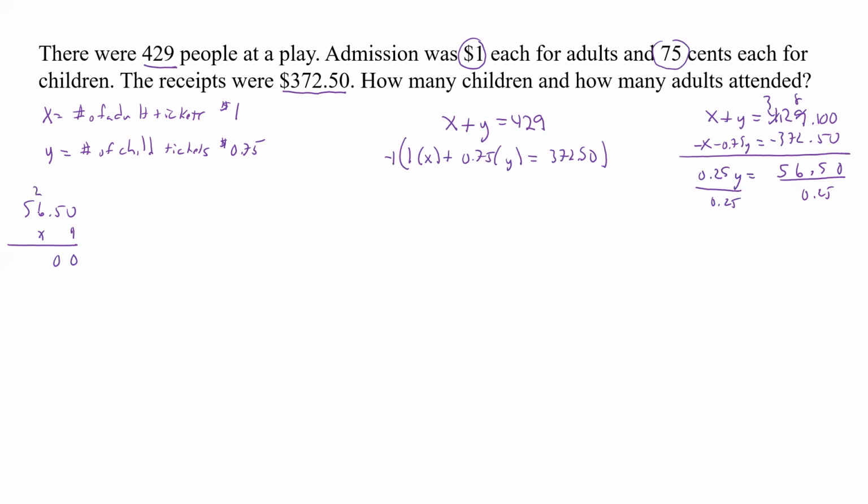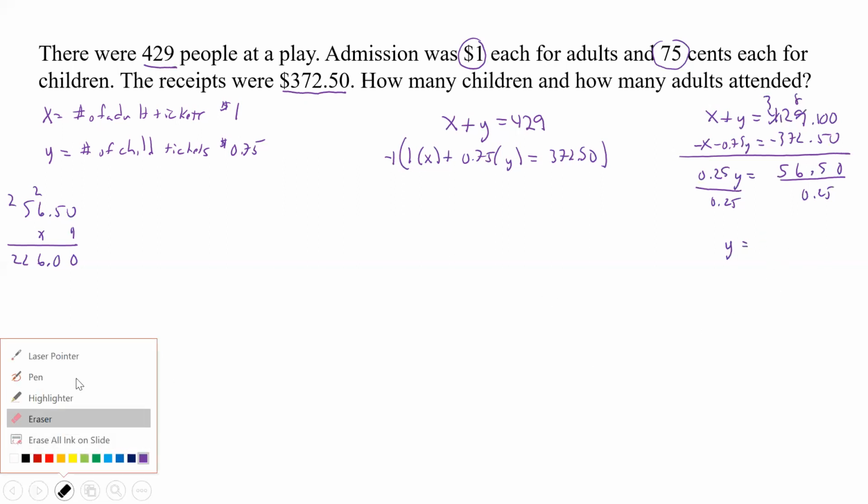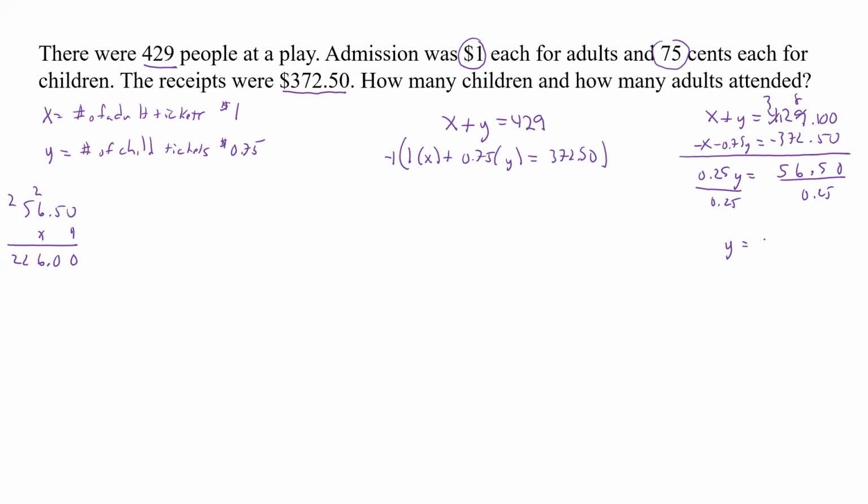Carry that. 4 times 6 is 24, 25, 26. And that's 226. And move the decimal 2 places. And so it looks like y is equal to, these are numbers, not dollars here, so better not put that, 226 child tickets.